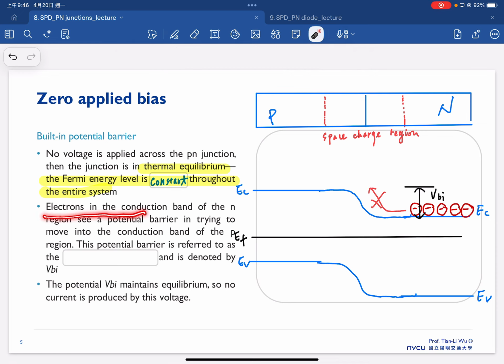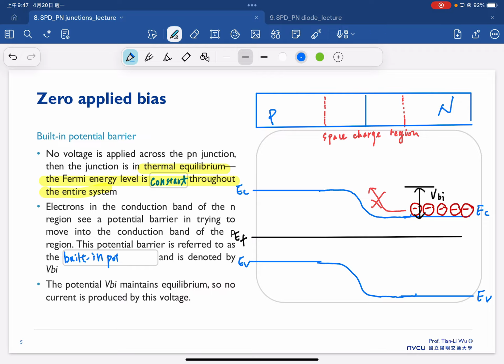So electrons in the conduction band of the N region see a potential barrier in trying to move to the conduction band of the P region. This potential barrier is referred to as a built-in potential barrier, which we normally call VBI.